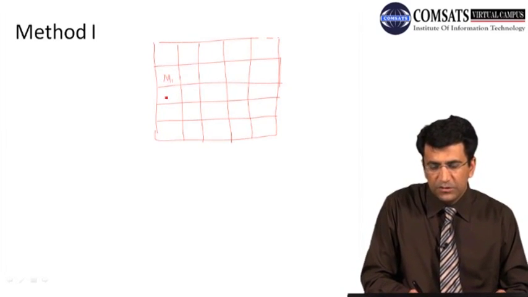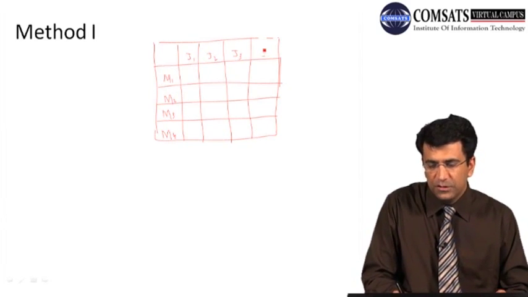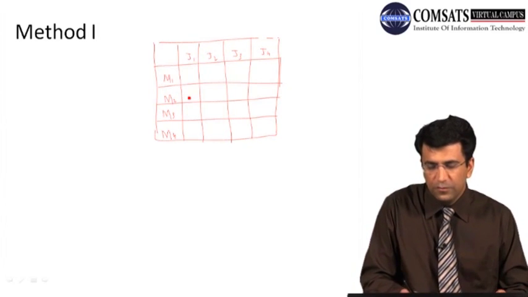Here are the different machines, that is M1, M2, M3 and M4, and there are different jobs, that is J1, J2, J3 and J4.